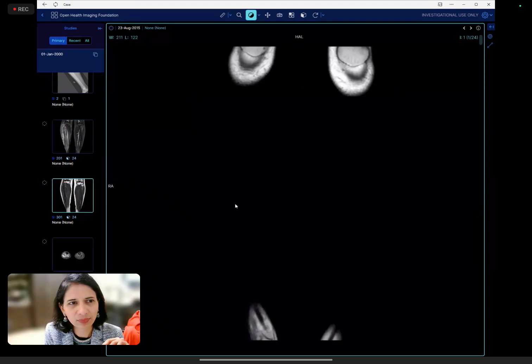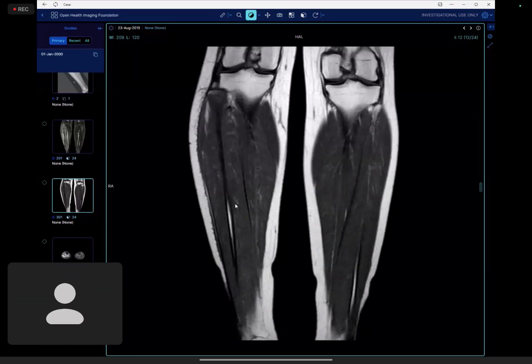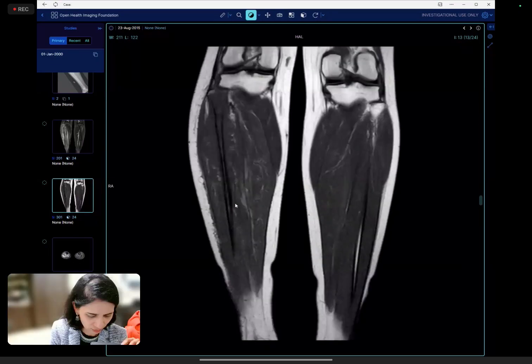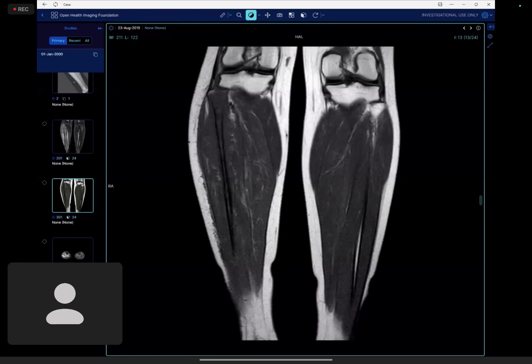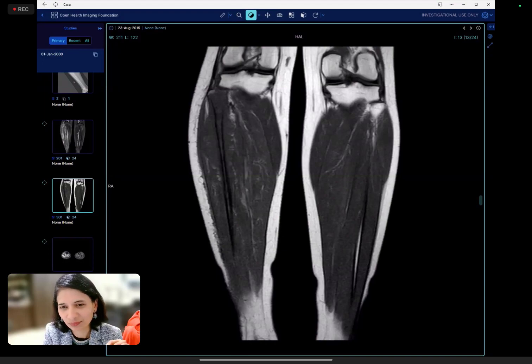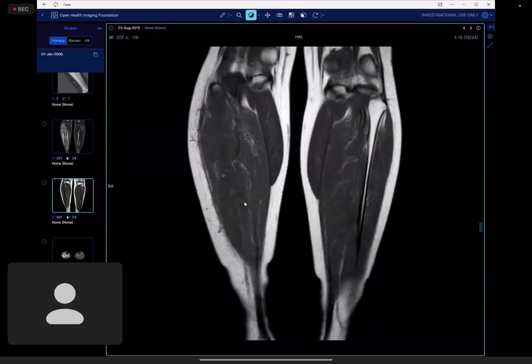The age of the patient is 45 years. Okay, that would change my diagnosis. Looking at the marrow, it does seem reduced in intensity, so there's loss of fatty marrow.